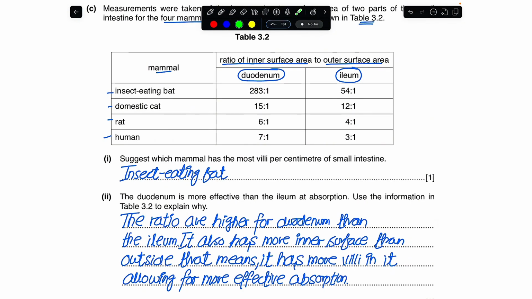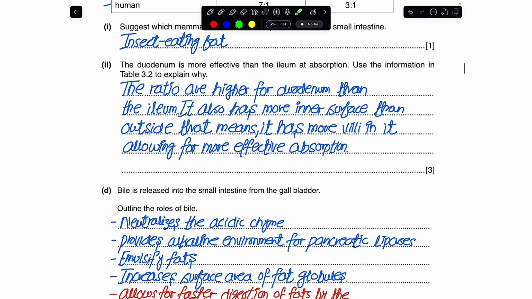So this is the first mark: the ratios are higher for the duodenum than the ileum. And we see that the duodenum has more inner surface than outside. This means that in the duodenum there would be more villi packed compared to the ileum, so the duodenum would be more effective at absorption. So for 3 marks: the ratios are higher for the duodenum than the ileum, it also has more inner surface than the outside, and that means having more villi, which allows for more effective absorption.